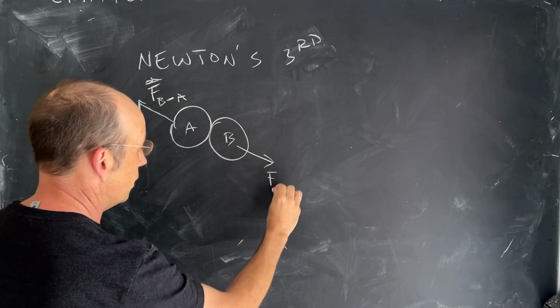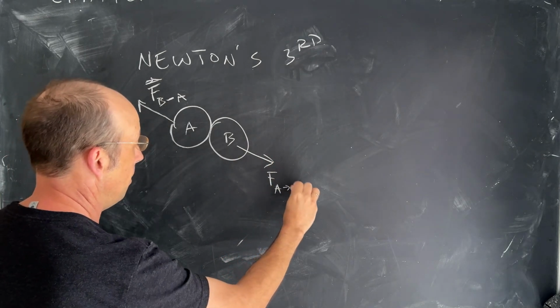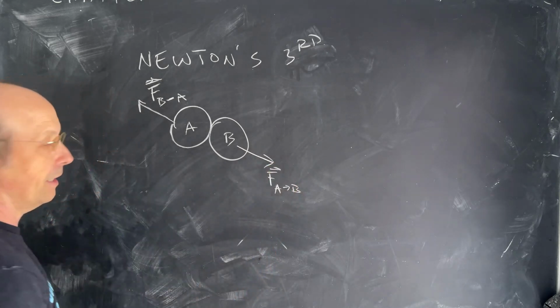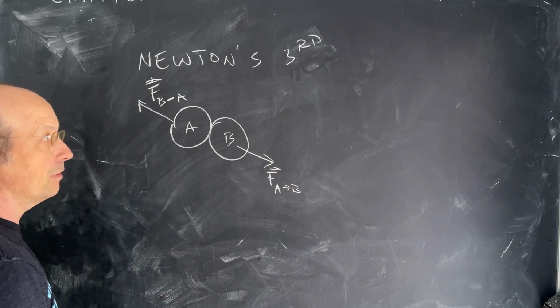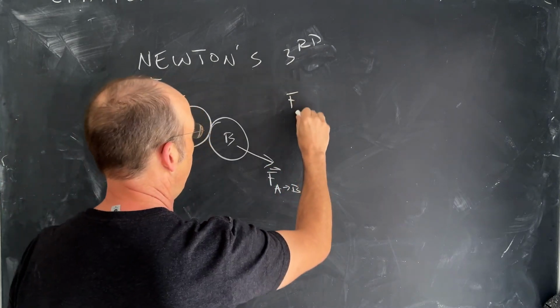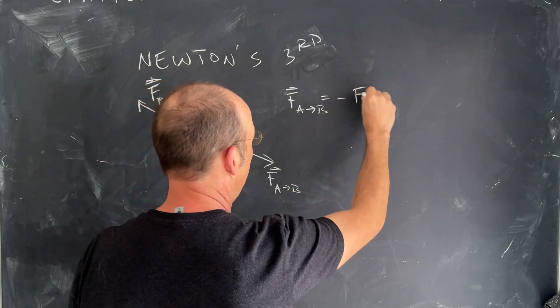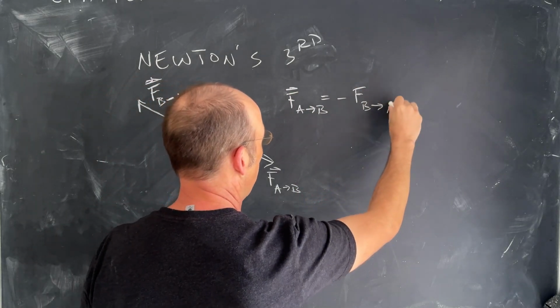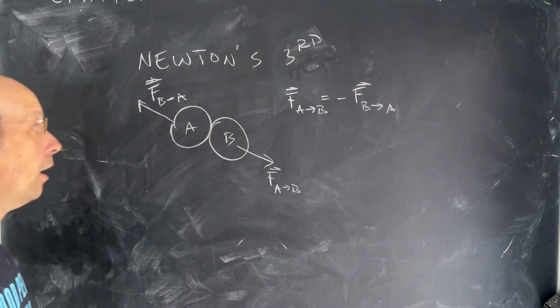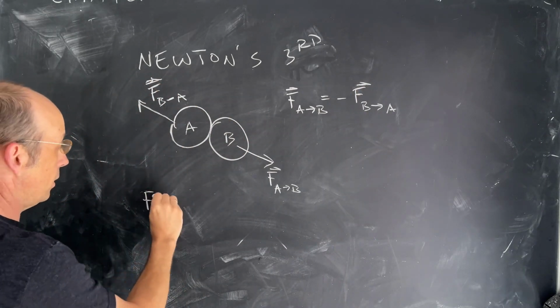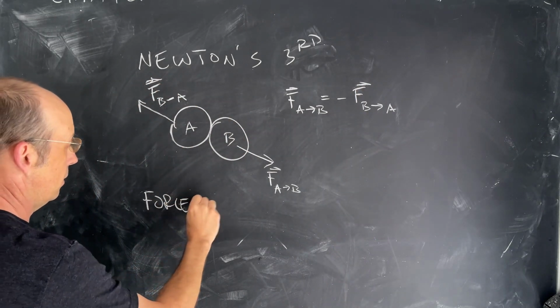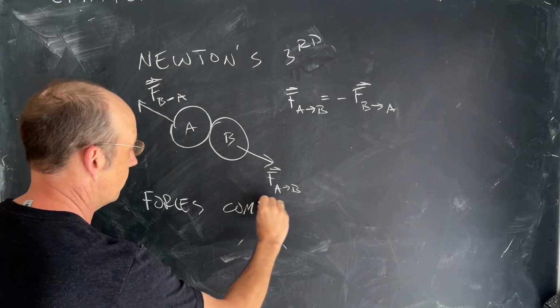So I can say the force of A pushing on B. That's just the notation I like to use. And Newton's third law says that F A on B is negative F B on A. Or you could say forces come in pairs.